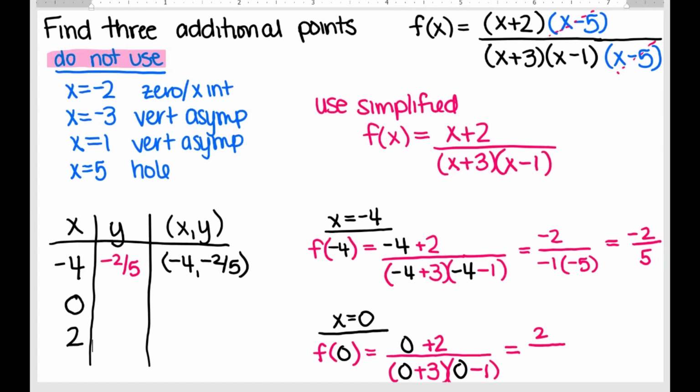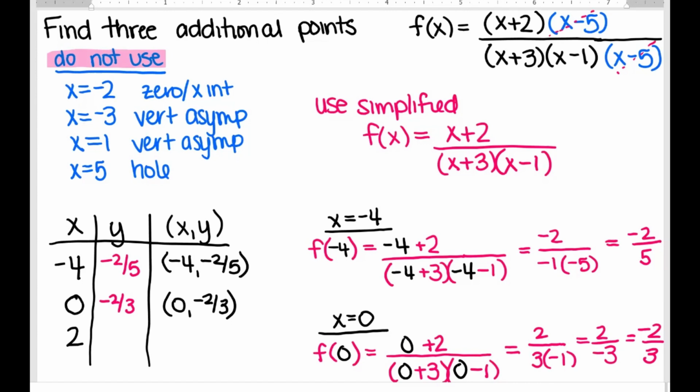So maybe you want to double check it in your calculator after doing the mental math. 0 plus 2 gets us 2. 0 plus 3 is 3, and 0 minus 1 is -1. 2 all over -3, but you know that we don't leave a negative in the denominator. It's not okay. It's ugly in mathematics, so you need to bring that negative either out front or up top. And we find our ordered pair, 0, -2 thirds.